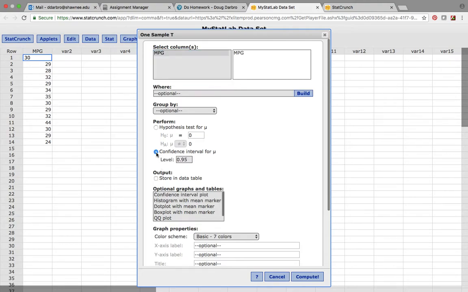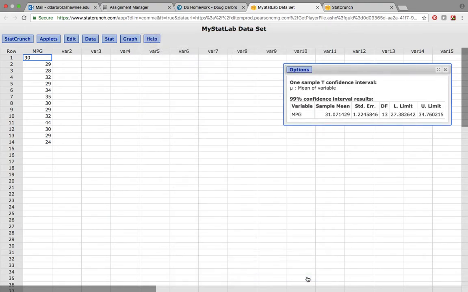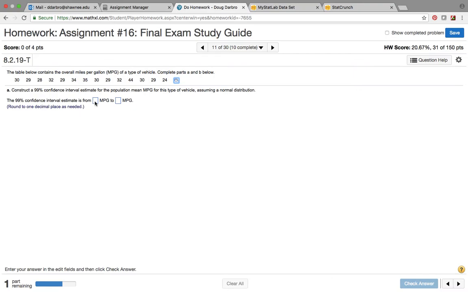I'm going to come down and do confidence interval, do a 99%, and hit compute. So if I remember correctly, I want this to go to one decimal place, so that's going to be 27.4 to 34.8. I don't think the numbers were right before.